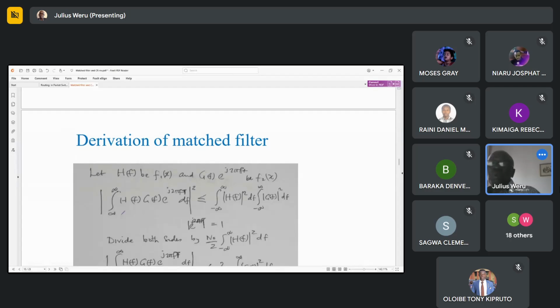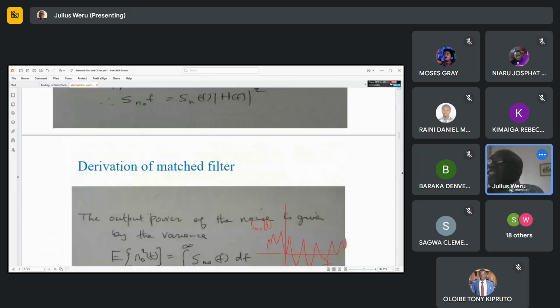So what do we do? We divide both sides by, of course, if you look at this equation, you notice this is a signal power.